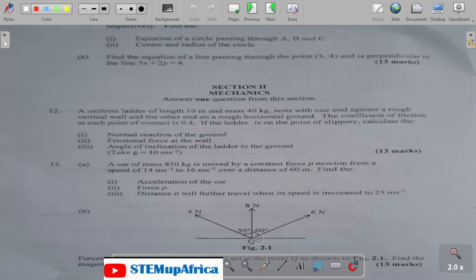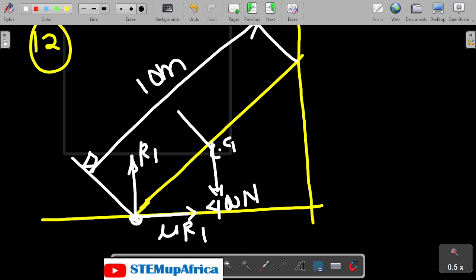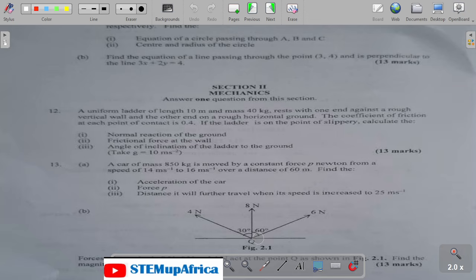It says it rests against a rough horizontal ground. That means the ground is not smooth, it's rough. Here will become R1. The frictional force will oppose it, which is mu R1. And also a rough vertical wall.